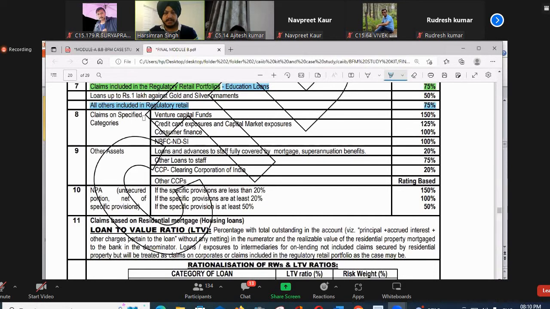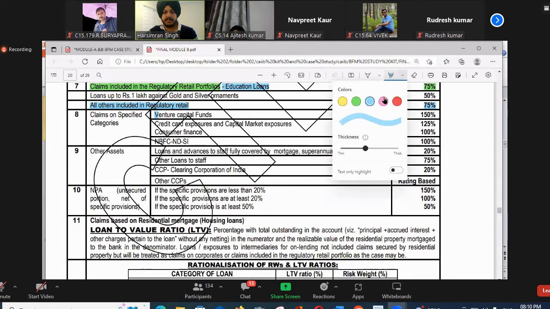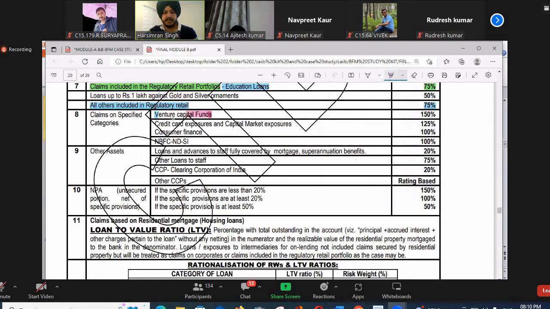Venture capital funds, these are the funds which give money to these startups. They are very risky. So 150% risk. Credit card exposures, capital market exposures, 125% risk.